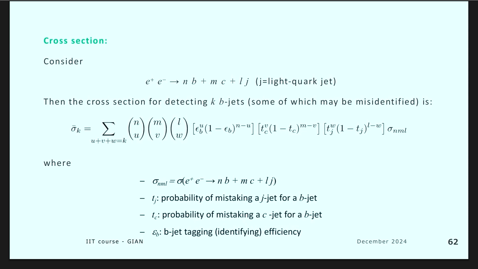You do this, and this is the cross-section that you're interested in measuring and calculating. Any questions about this? This is a little bit too much phenomenology, but you really have to do this. Otherwise you just get results that are not taken seriously. They're not relevant for the experiment at hand.